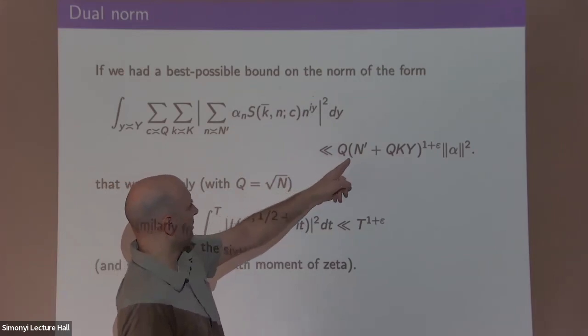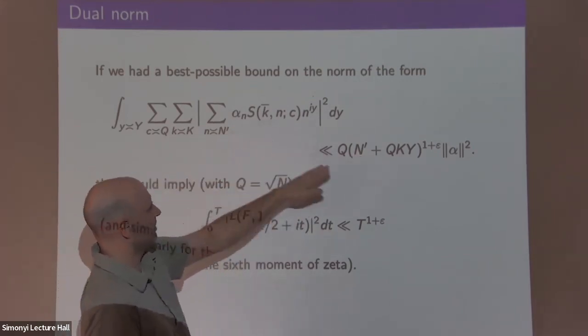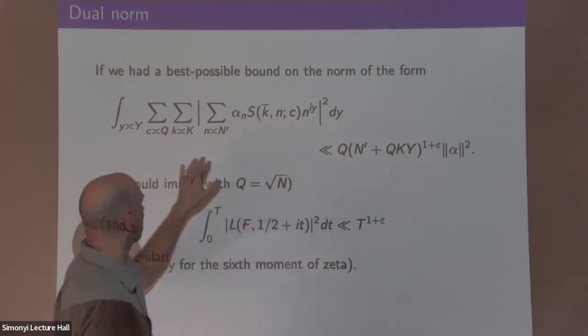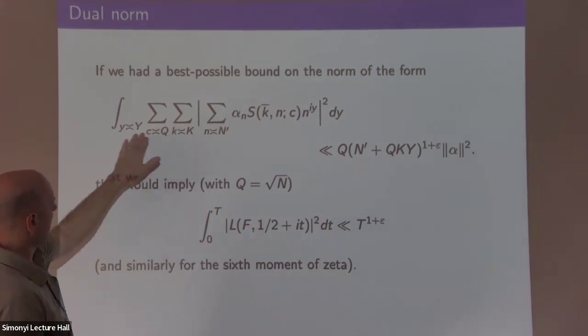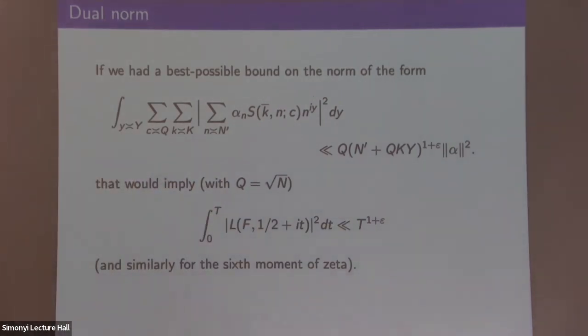Then we have the number of things on the inside, which is n prime, plus the number of things on the outside, which is Q times K times Y. If you check what this would imply for your moment, it would give you the Lindelöf bound for the sixth moment, or for the second moment of this GL3 one, if we had this optimal bound. Needless to say, I don't know how to prove that, but this is a different way to set up the sixth moment of zeta question.